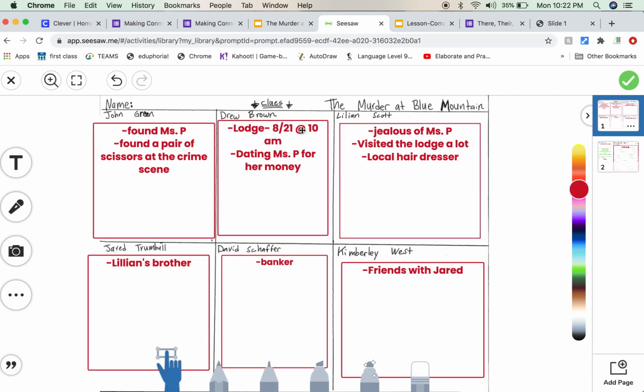So let's add on to David Schaefer. So type in banker. So type in what I do, you do. Please write in your clues for David.